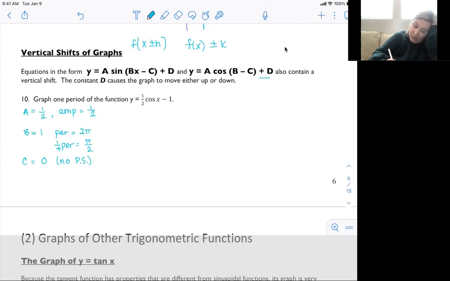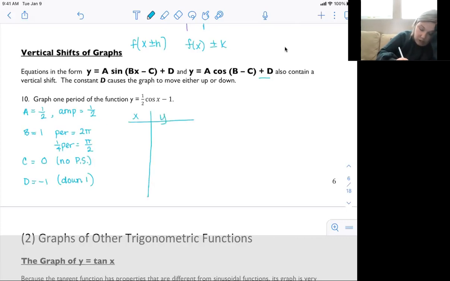In order for there to be a phase shift, there would have to be like plus pi or something inside parentheses, which we don't have. So there's no phase shift. But then D is equal to -1, which means our graph is going to go down 1. Okay, so let's set up our table. Lucky, this is the one that we're kind of used to.